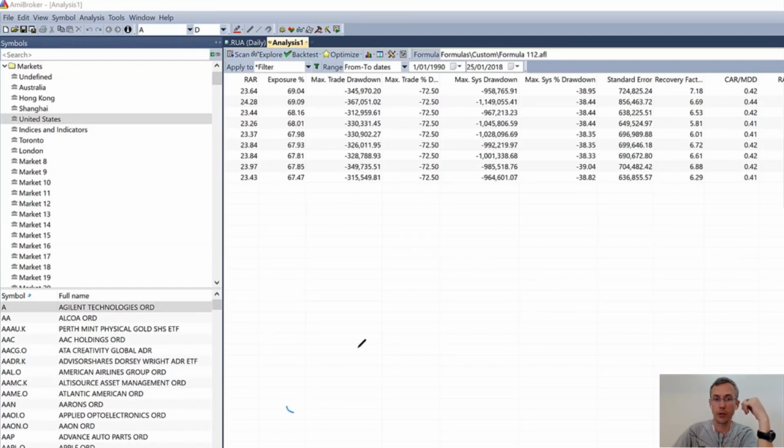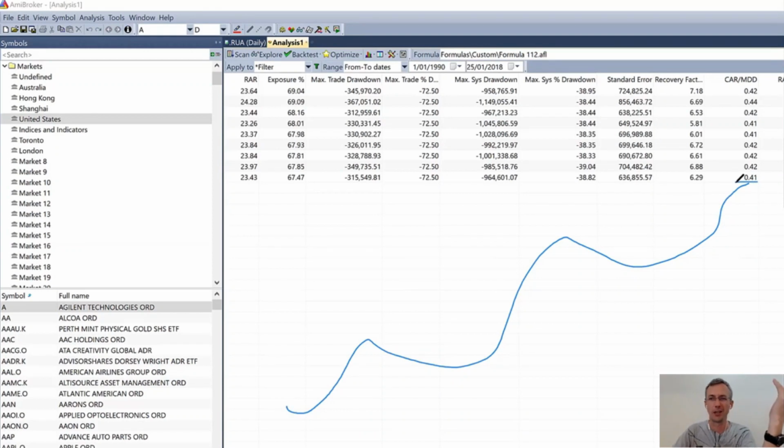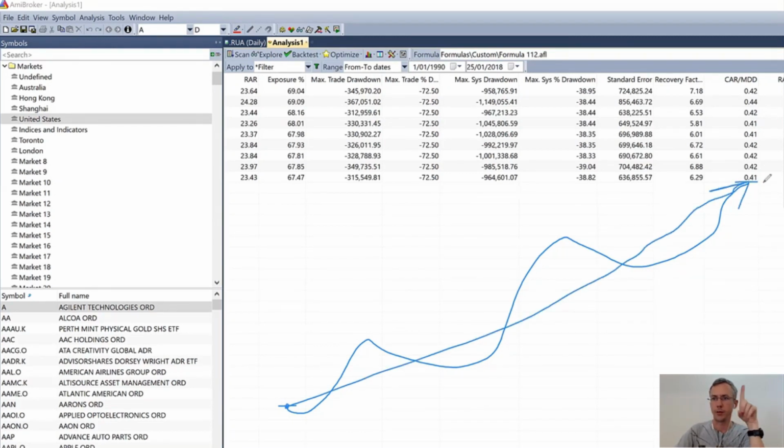So compound annual return is the growth, the percent, it's like interest rate. It's the equivalent interest rate from the start of your backtest to the end of your backtest. That's what compound annual return is. And then max drawdown is the biggest percentage drop at any one point in your backtest.